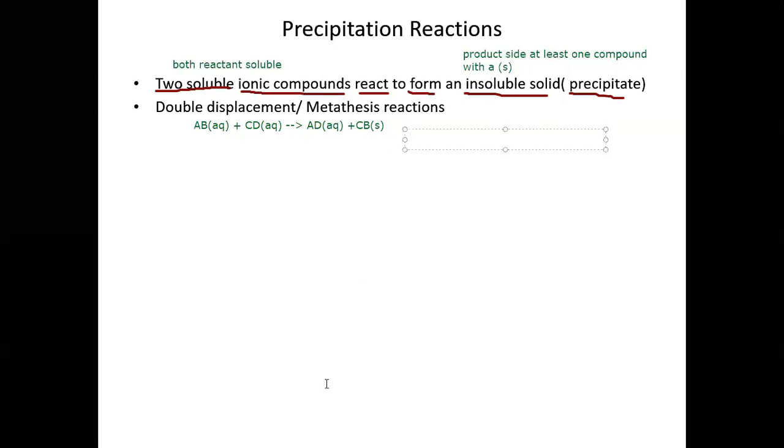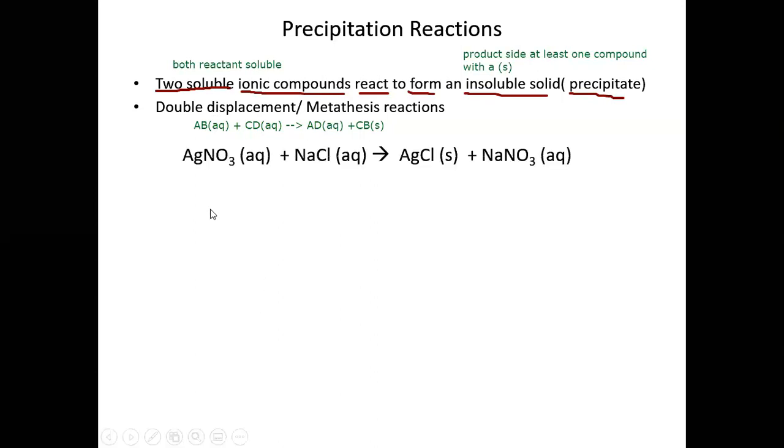And again, the way we know which ones are solids is based on the solubility rules. So for example, we look at this reaction here: silver nitrate plus sodium chloride gives us silver chloride and sodium nitrate. Notice that the two cations on the reactant side were switched to form the two products.